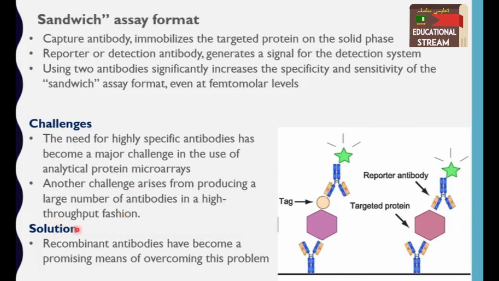So the solution to this problem or challenge is the recombinant DNA technology. Recombinant antibodies have become a promising means of overcoming this problem. However, they must overcome the complex fabrication issues, for example, the cloning and expression, before they become practical for use in today's research lab.